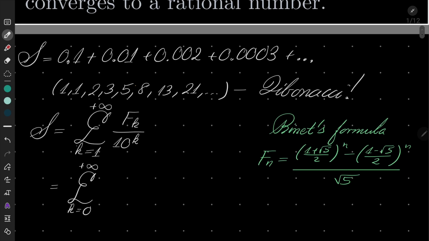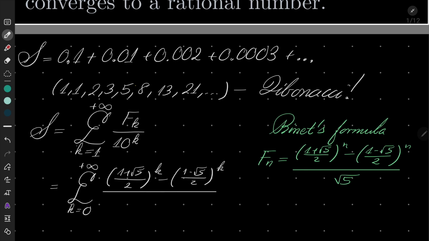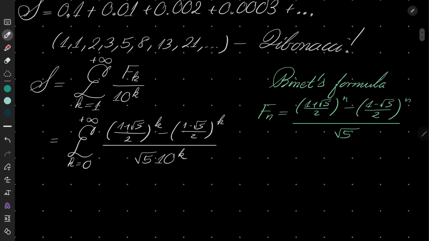And in fact, we can write our sum in the following manner. Okay, very nice. And now let's split our series into two different series.